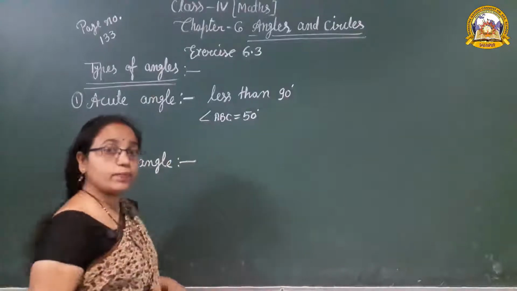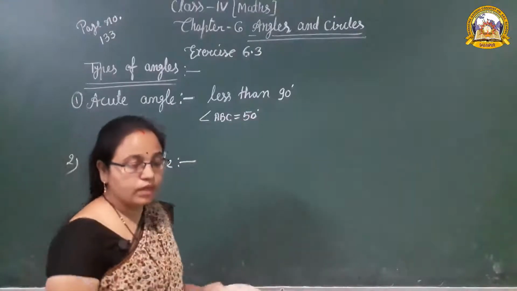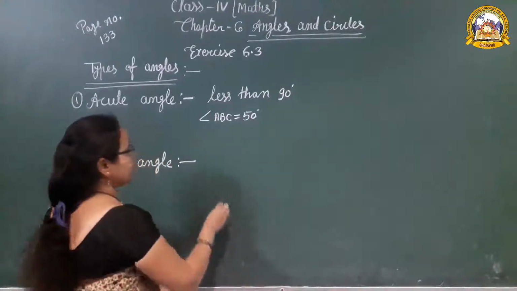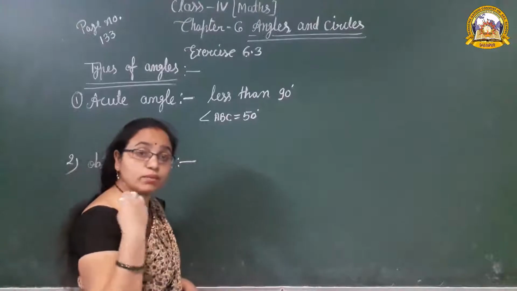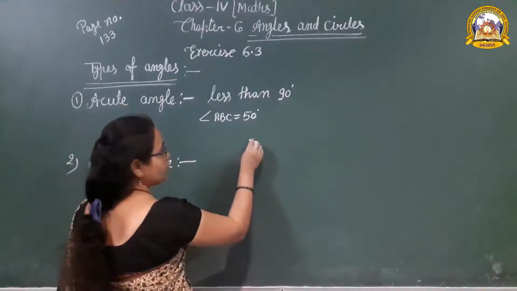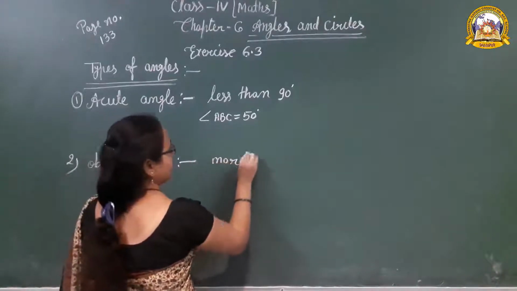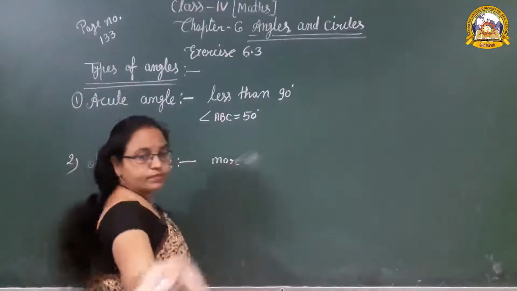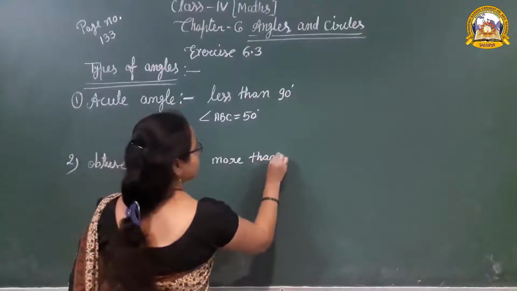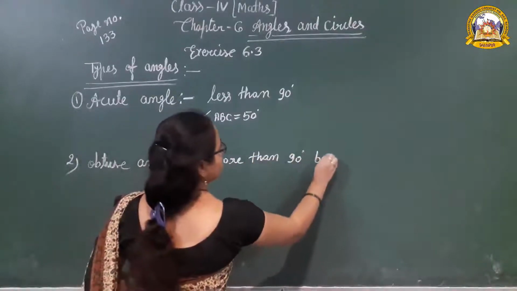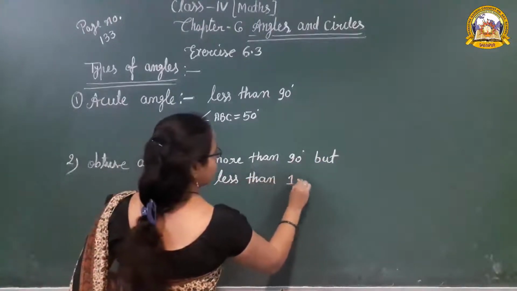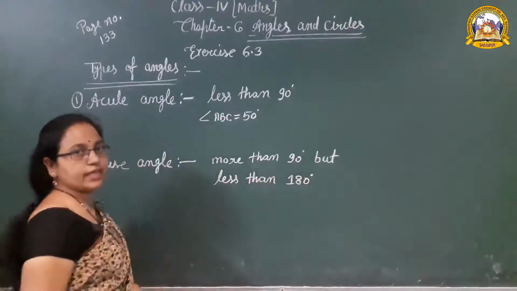Now the next one is the obtuse angle. Now the speciality of the obtuse angle is an angle that is more than 90 degrees but less than 180 degrees.